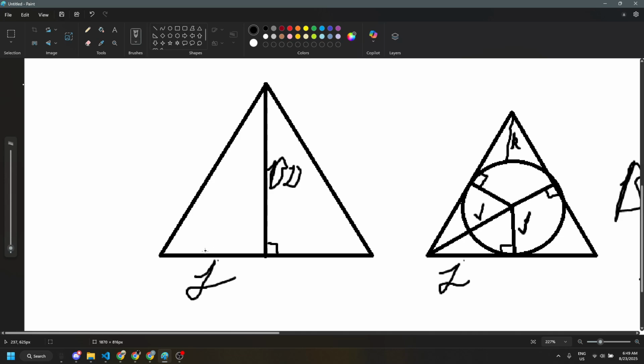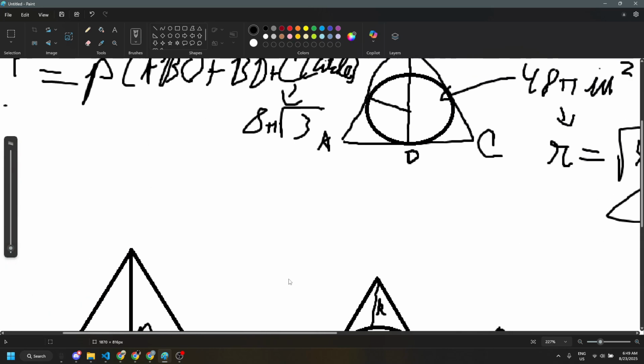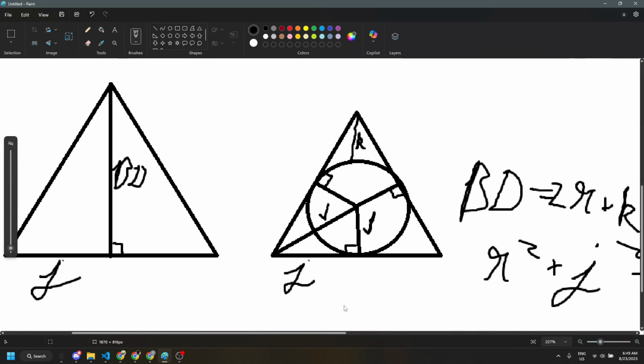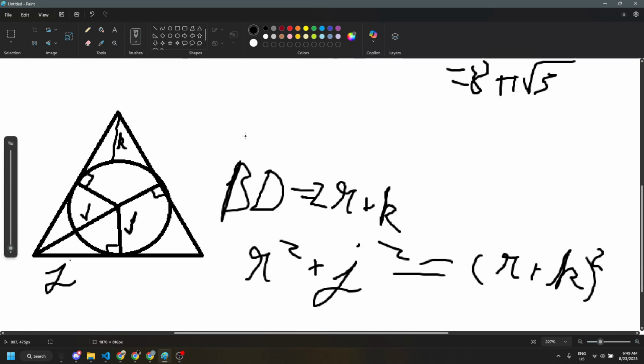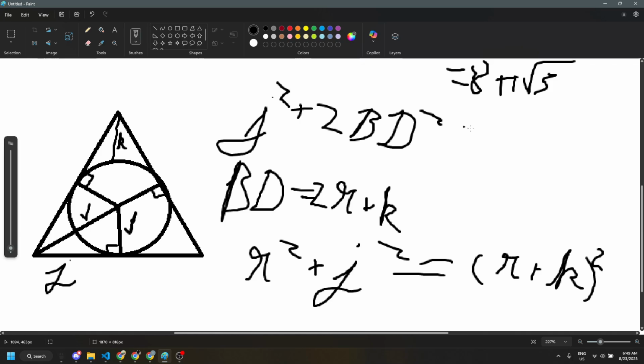So we have J squared plus BD squared equals, or 2J squared. No, not 2BD squared.